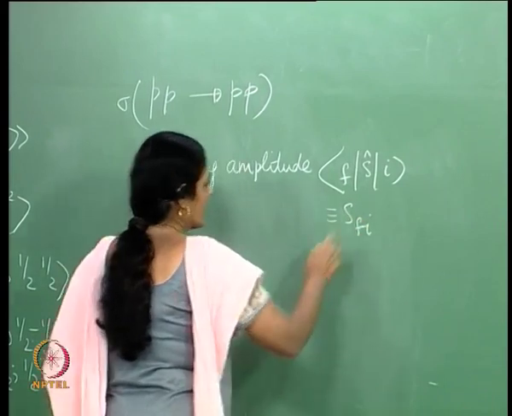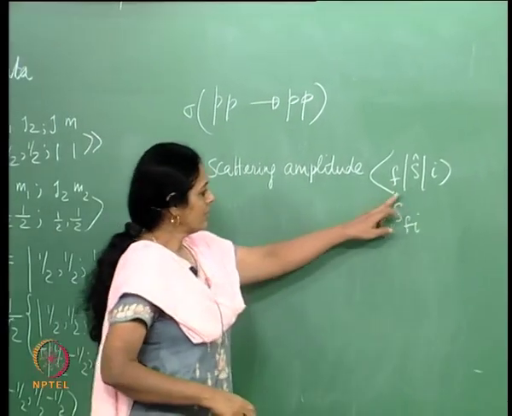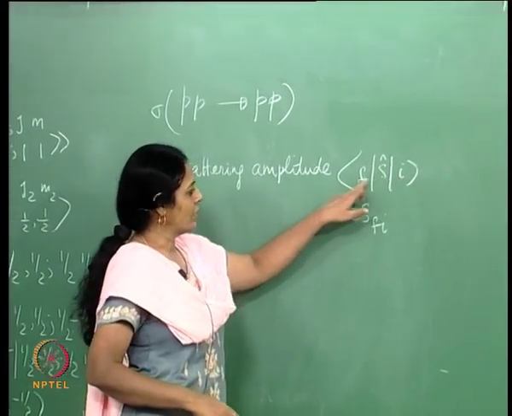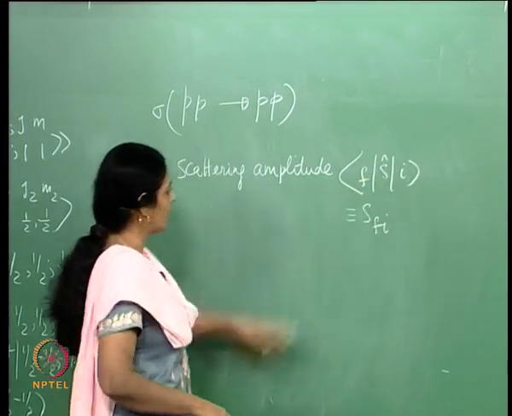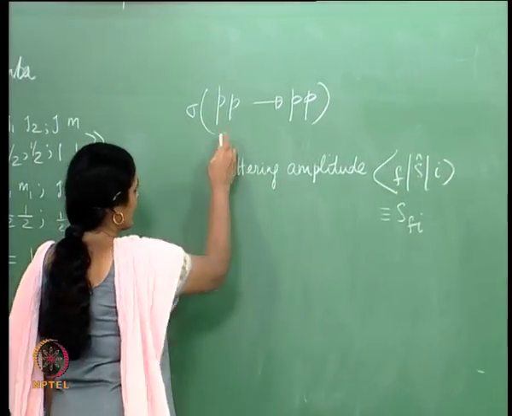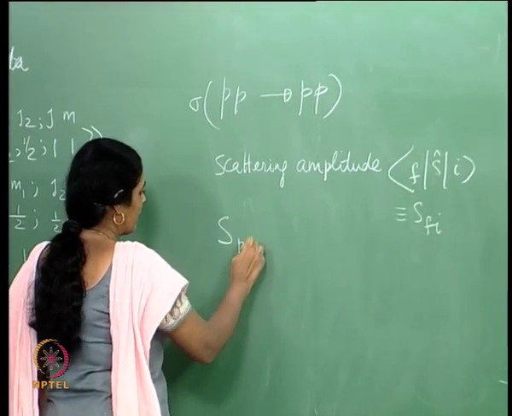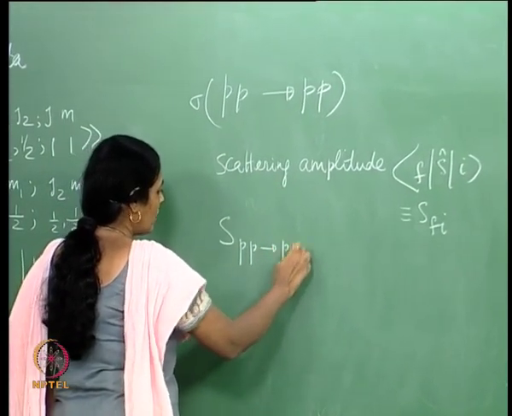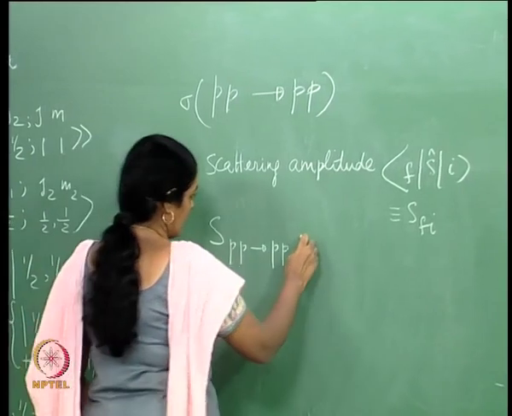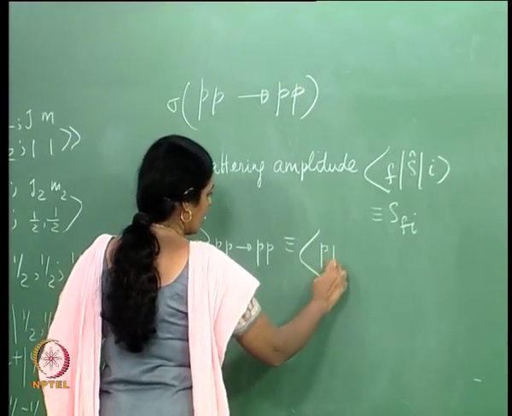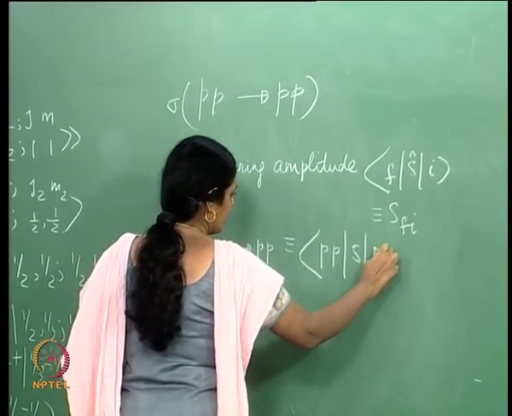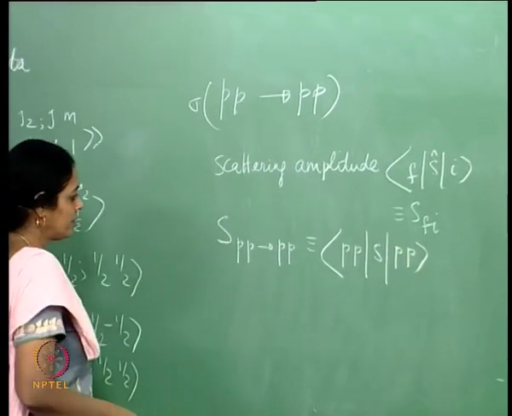I could just call it SFI. So this is an operator, and this is the matrix element which takes it from an initial state to a final state. So in this context, I have the scattering amplitude for PP going to PP, and that's the same in my notation as this object.